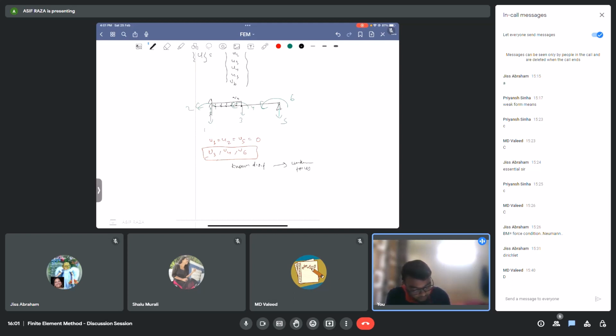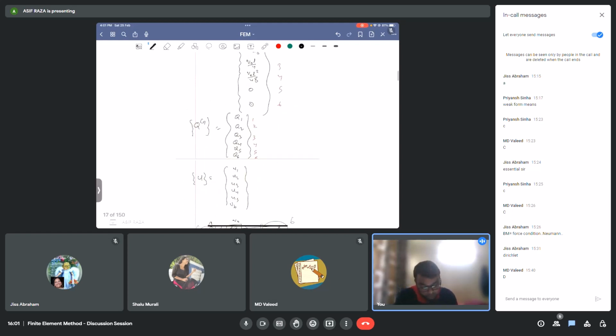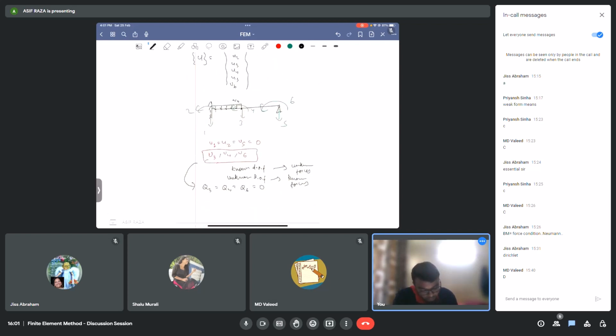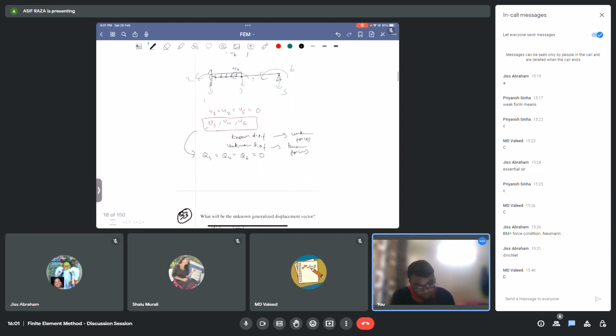An unknown degree of freedom will make known forces 0. So we have u3, u4 and u6 to be unknown. That will imply q3 and q4 and q6 equal to 0, as there are no point loads applied at 3, 4 and 6, and q1, q2 and q5 are my unknowns.